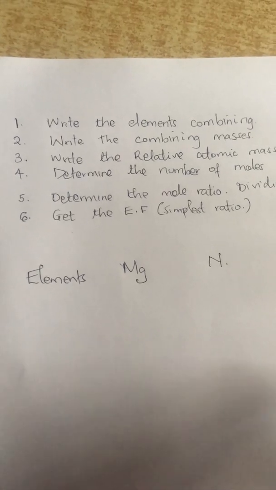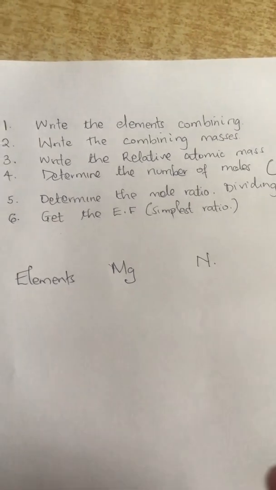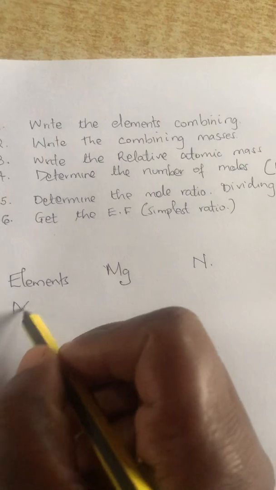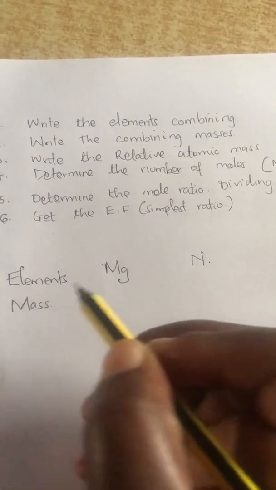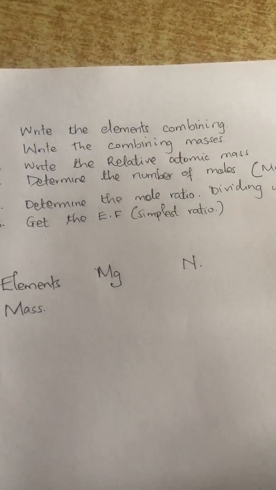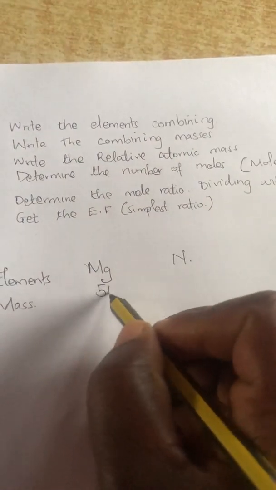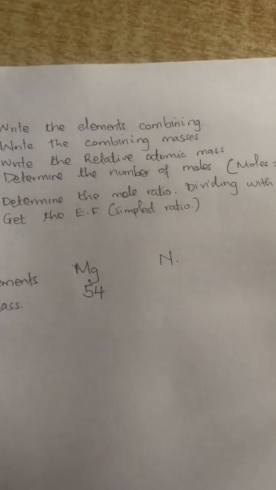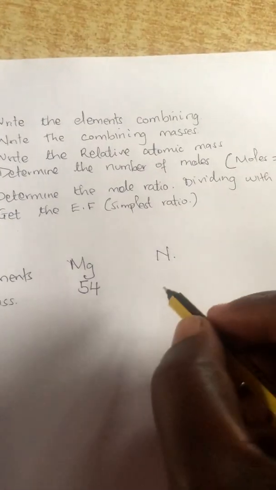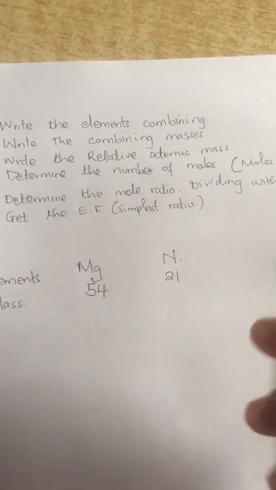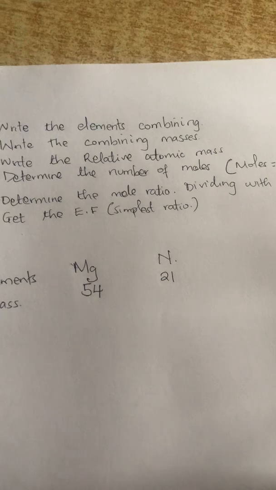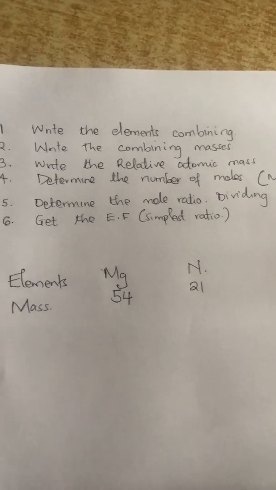Our second step, we are supposed to write the combining masses. So here I just write the masses. We have been told in the question that magnesium is 54 grams, whereas nitrogen is 21 grams. Sometimes masses can be in percentage, so you just use it directly.